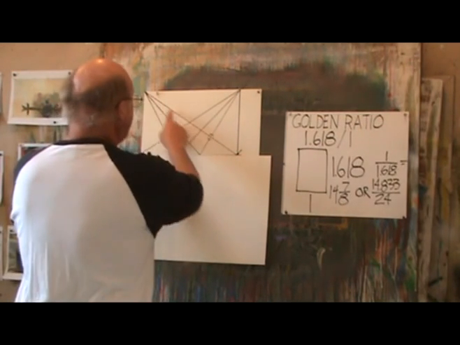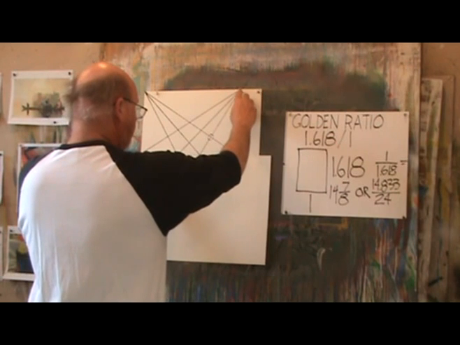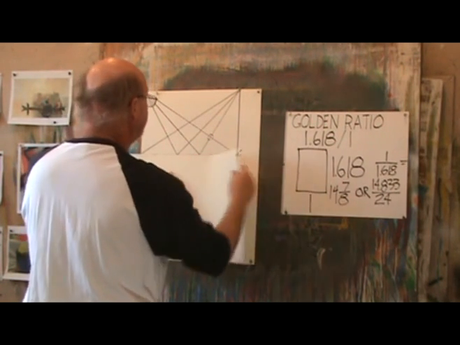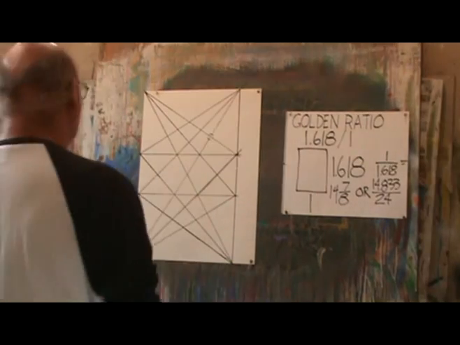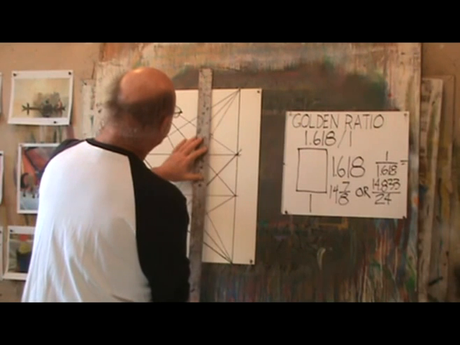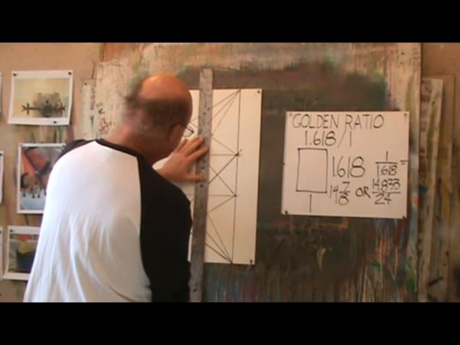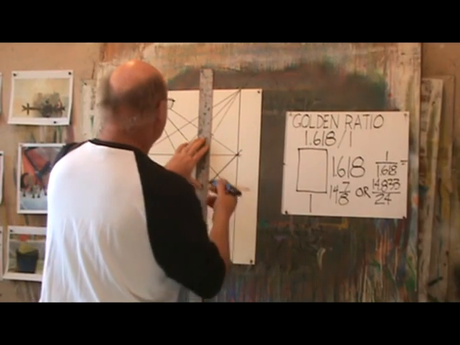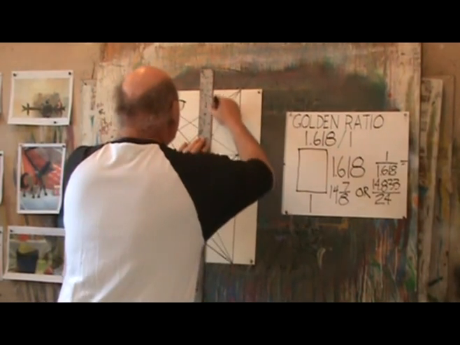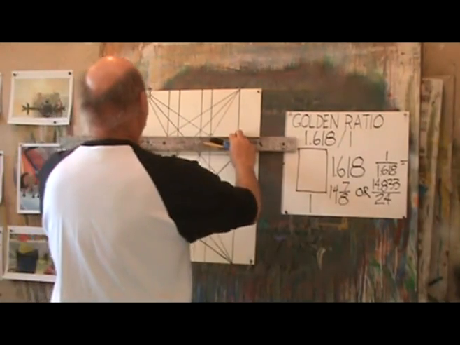Now we have a major diagonal going from corner to corner, and we have a minor diagonal that's going from corner to edge. Those two lines reversed roles. So now we connect up these lines, these intersections, like so. We're going to connect up these 2 points. And then we connect them up horizontally.